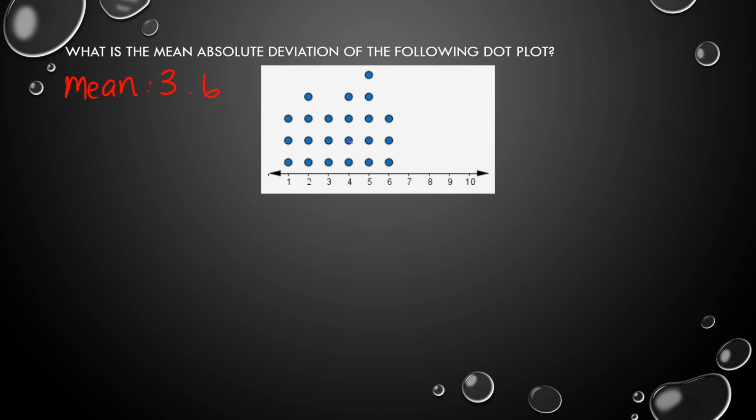And to determine our mean absolute deviation, we need to take this mean and subtract it from each one of our data points to determine how far apart they are. So if I do 3.6 minus 1, 3.6 minus 2, 3.6 minus 3, actually I'm going to flip this because I want my bigger number to go first, because I always want to have positive numbers.